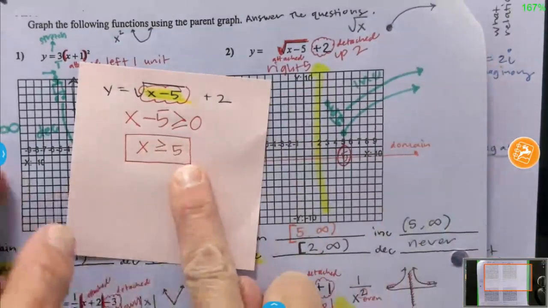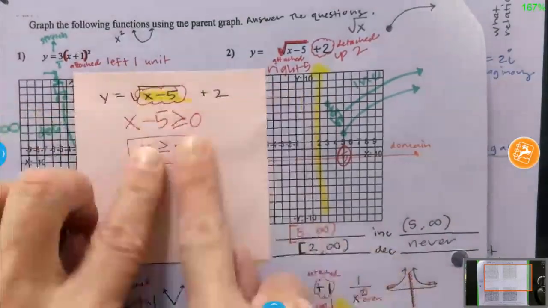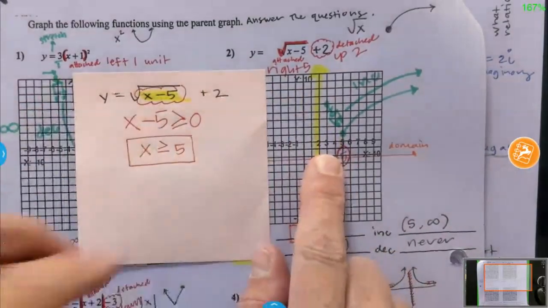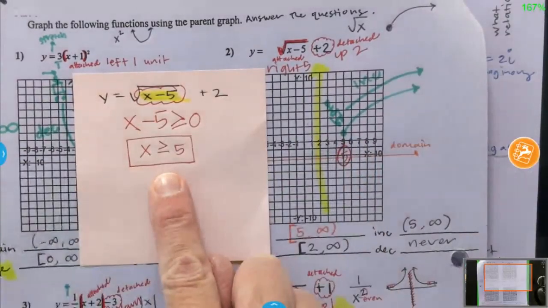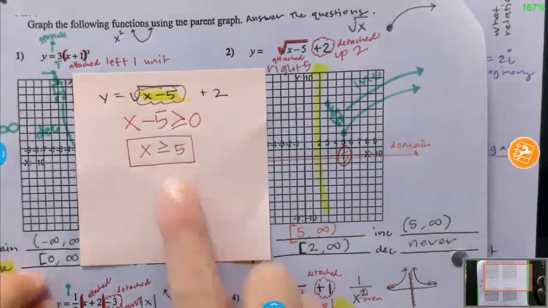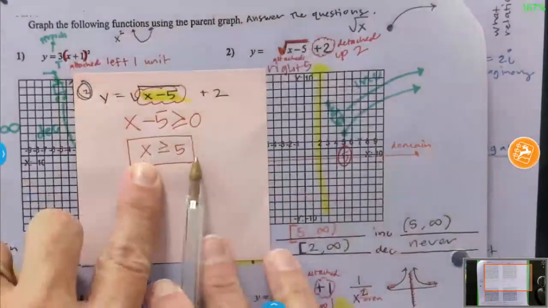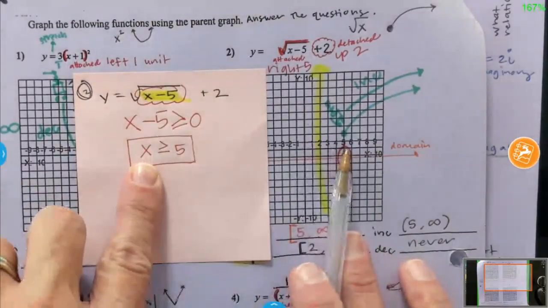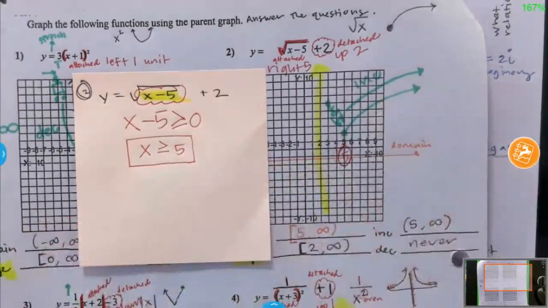The restrictions in the algebraic portion coordinate with the restrictions in the graph. So we said for number 2, your x's have to be greater than or equal to 5. Well, when you graphed it, the x's were greater than or equal to 5.